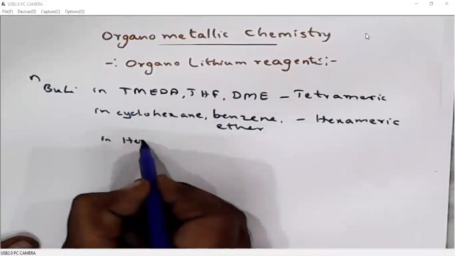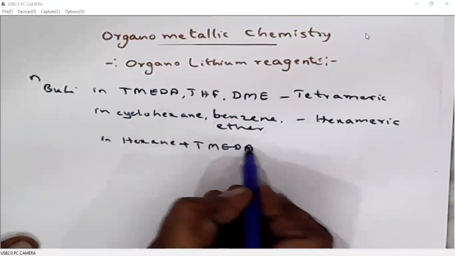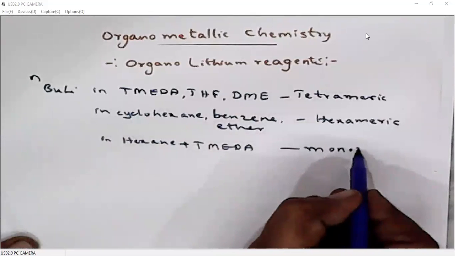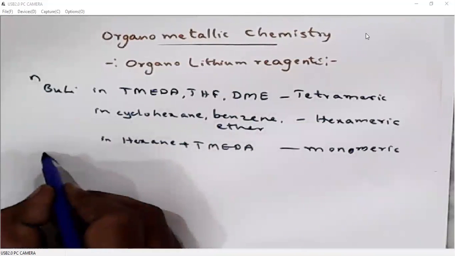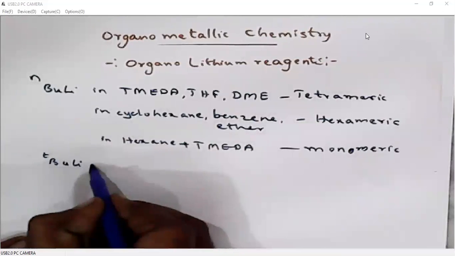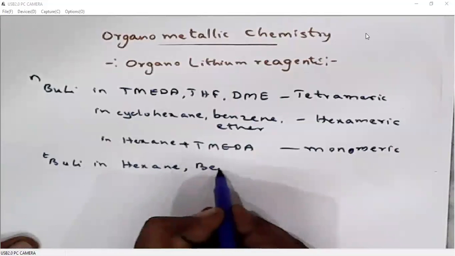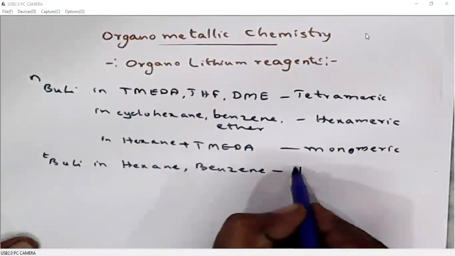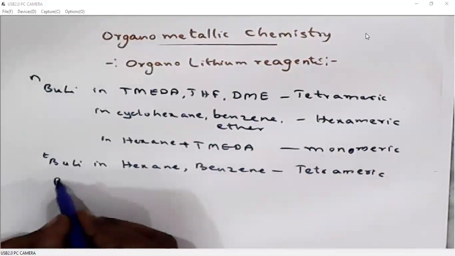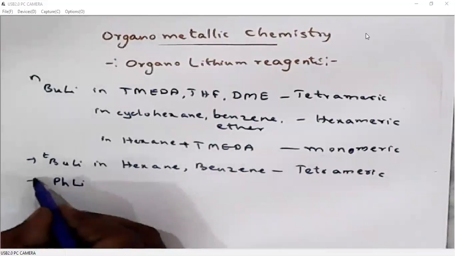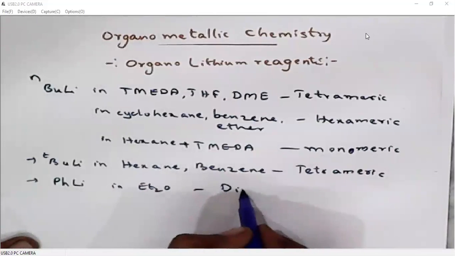In a mixture of hexane and TMEDA, n-butyl lithium is monomeric. Tertiary butyl lithium in hexane and benzene is tetrameric. Phenyl lithium in ether is dimeric.